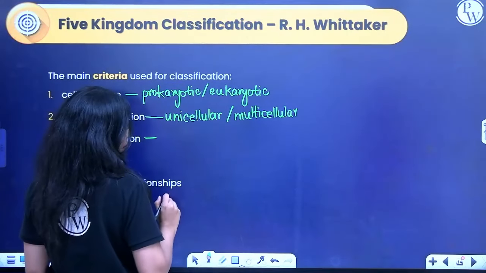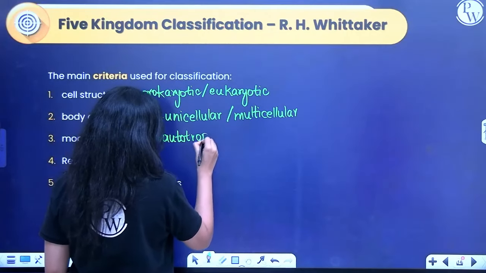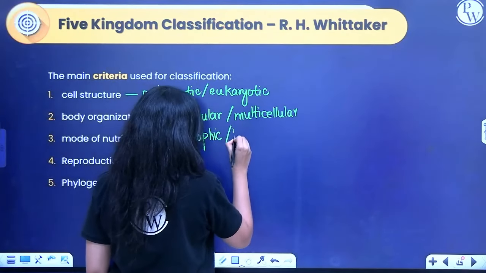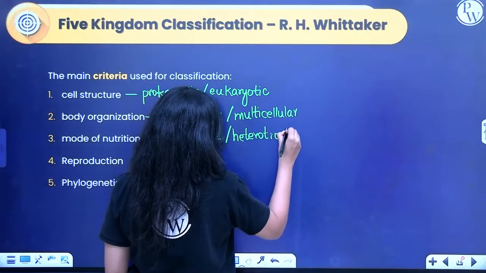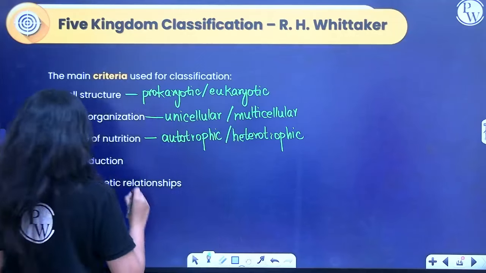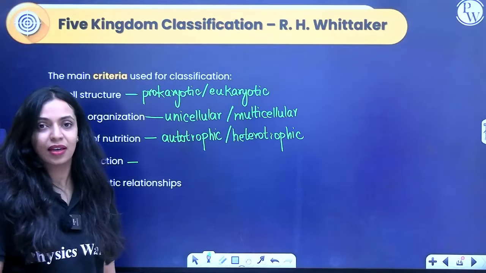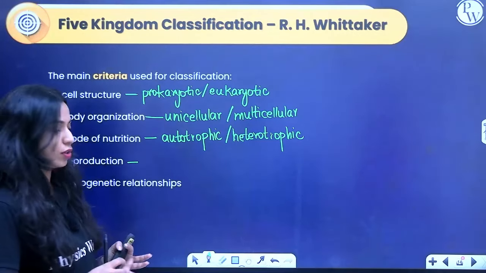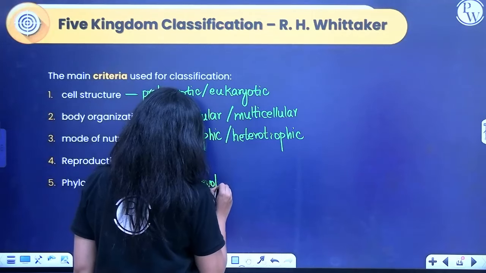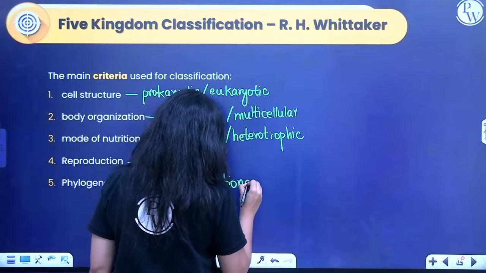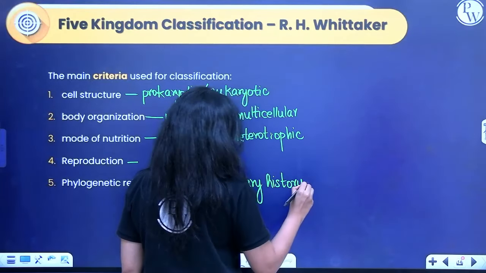Mode of nutrition, whether it is autotrophic or heterotrophic. Reproduction, how does it reproduce asexually, how does it reproduce sexually, what kind of spores are formed. Phylogenetic relationships is basically the evolutionary history of that particular organism. How closely they are connected with other species, things like that.